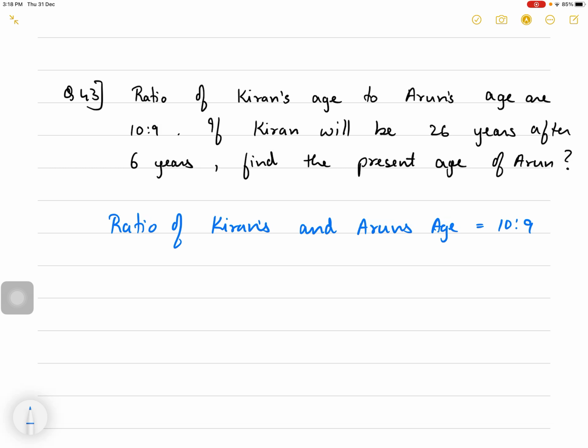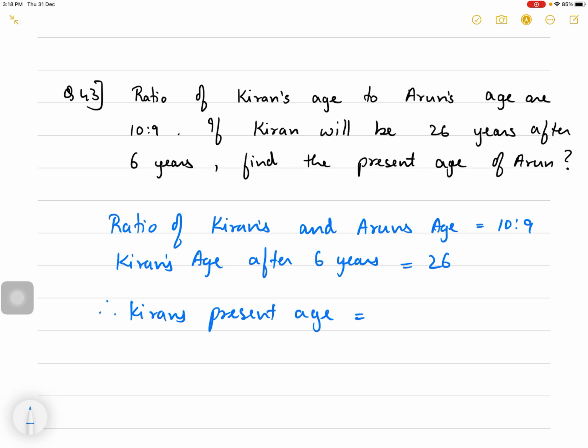Kiran's age after 6 years is equal to 26. Therefore, Kiran's present age is 26 minus 6, which is 20 years. Now the present age is 20 years.